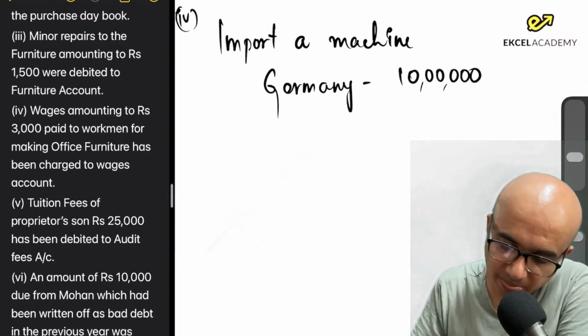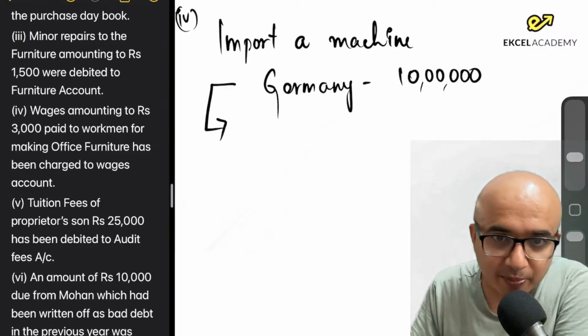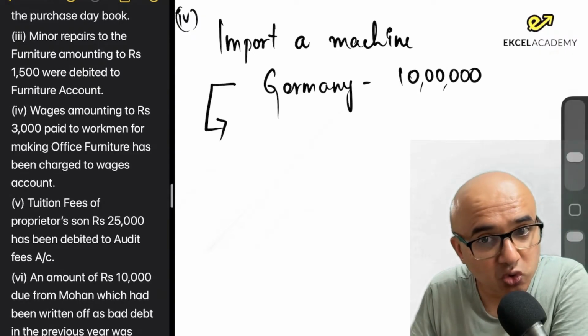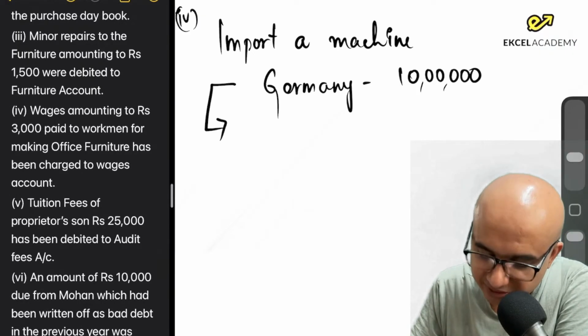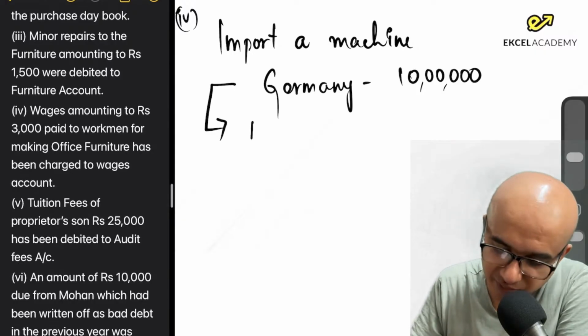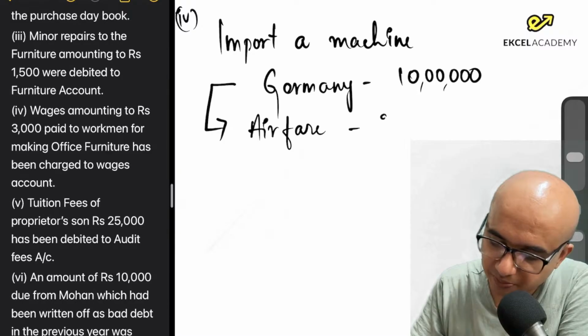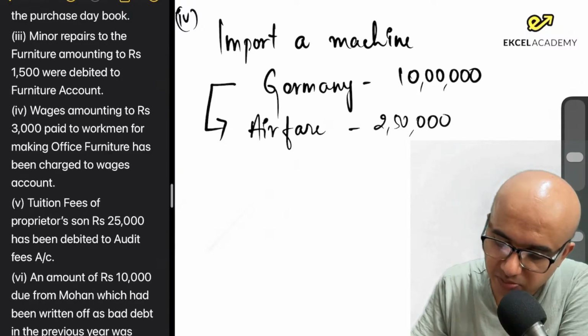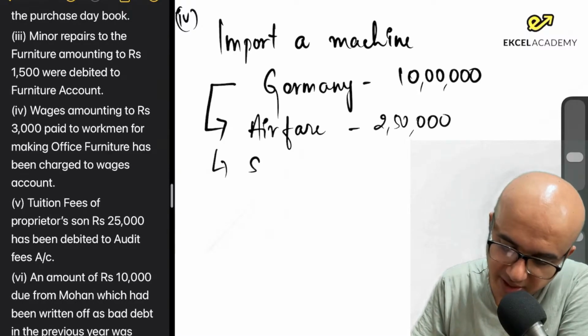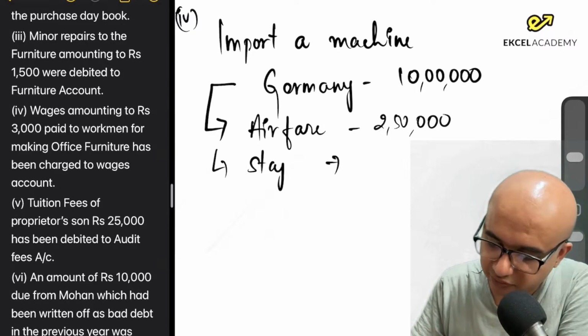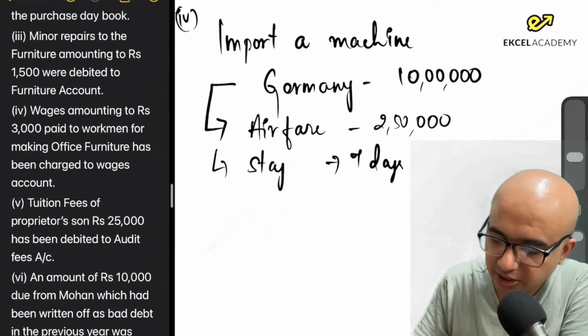So what do you do? You make sure that one employee of that company which actually sold this machinery to you, you get that person here. You pay their airfare. Let's say the airfare to and fro comes to 2,50,000. Then you pay for their stay for a week, 7 days. So that comes to around 20,000.